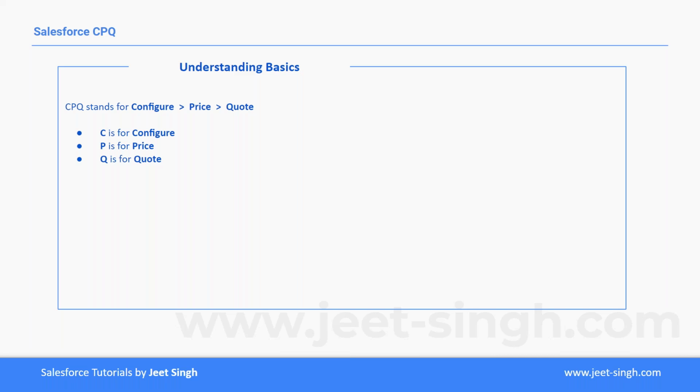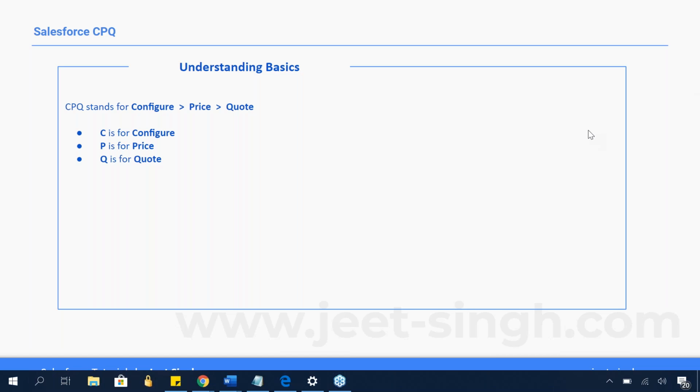Why can price be tricky? Because price is not always as simple as, okay, fine, for a certain product X, you pay a price, say Y. It can be a little more tricky than that. Okay, so that is the price part of it.